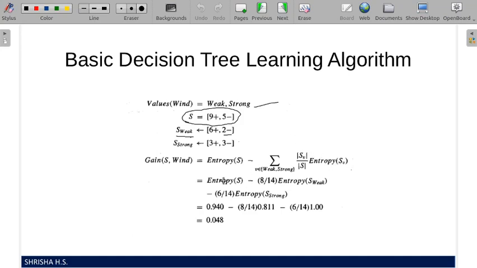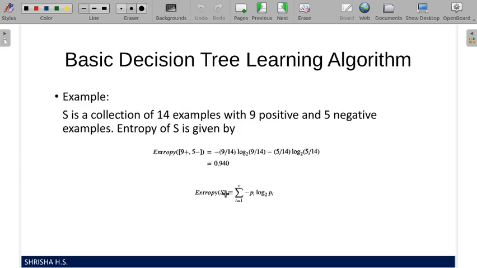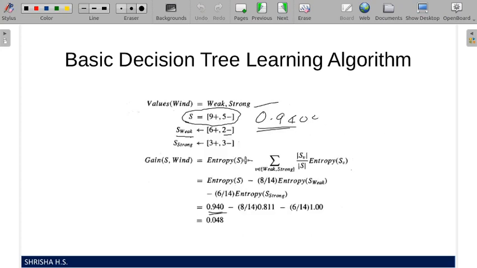So entropy of S we have already calculated with log 2. If we calculate it, 0.940 will be the value. So entropy of S minus, here the number of instances that contain the value.